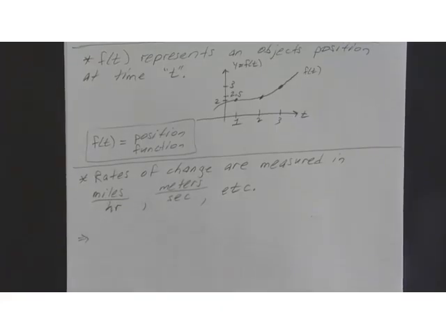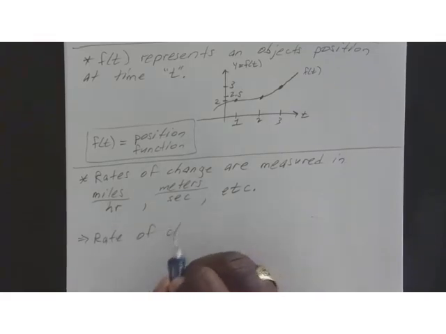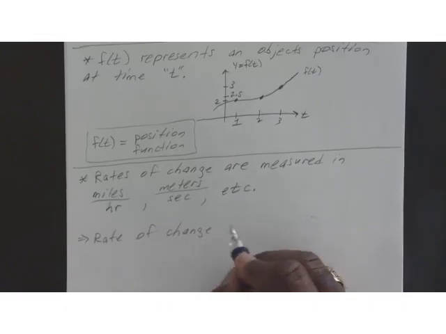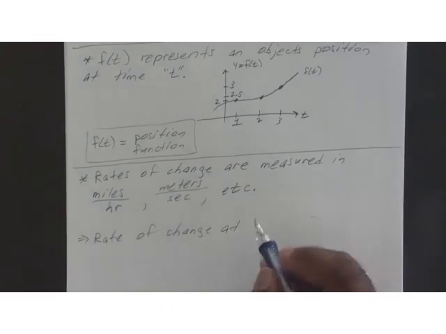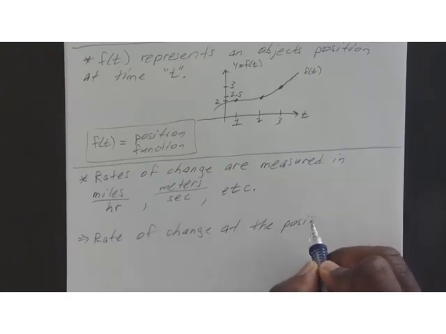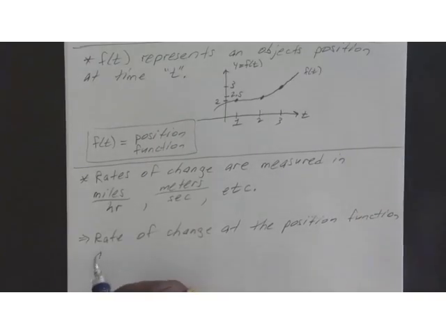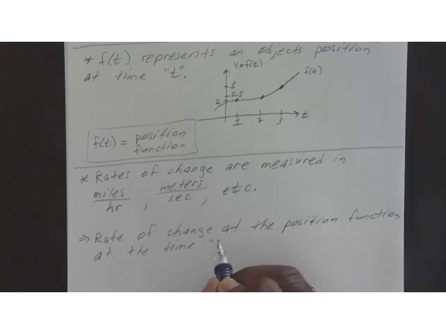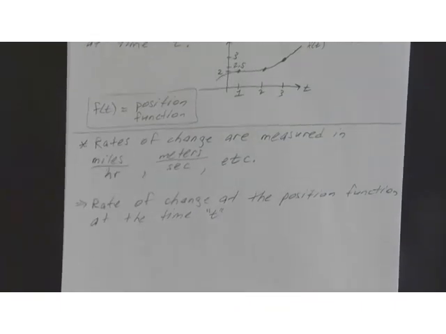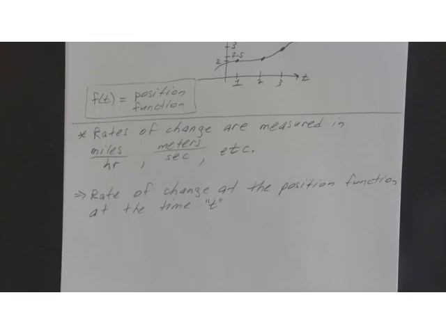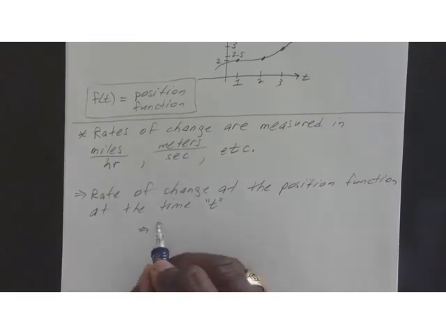Okay. Now, the rate of change at some particular time. So let's say the rate of change of the position function at the time that we will call t. That's just your first derivative.